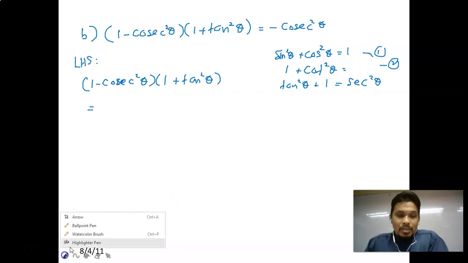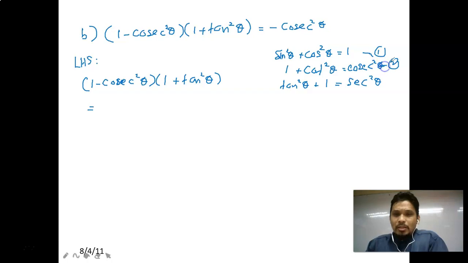And for this one here, which is cosecant square theta, equation 3. Look at this one here, 1 minus cosecant square. If I bring this cosecant to the left side, it becomes negative, and cotangent here becomes negative.